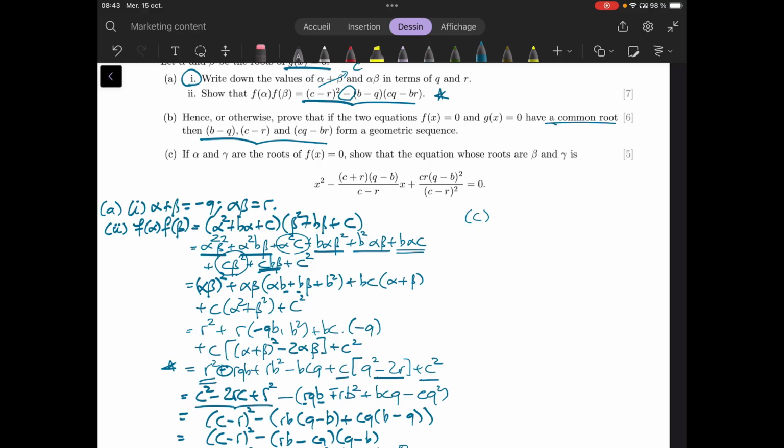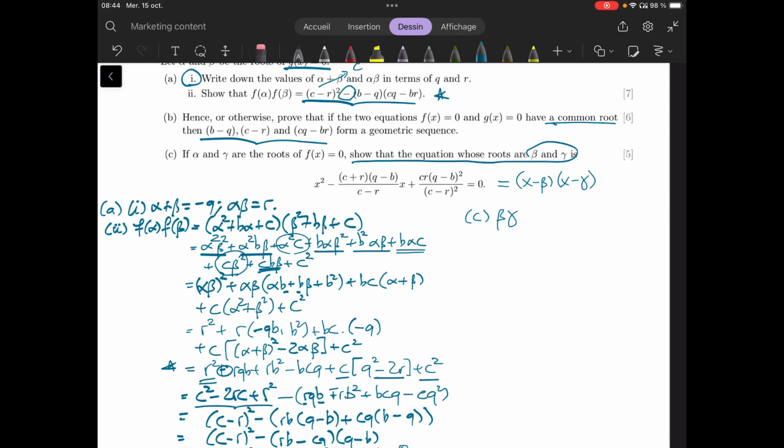Part C. Show that the equation whose roots are beta and gamma is this mess over here. So, from the roots, how could we deduce the equation of the quadratic? This equation is essentially equal to x minus beta, x minus gamma.